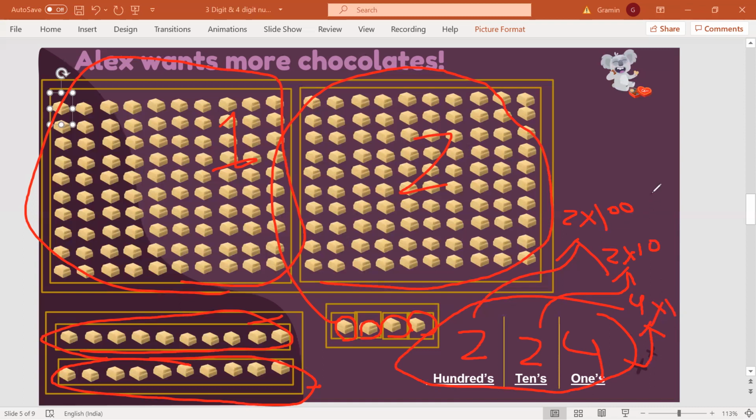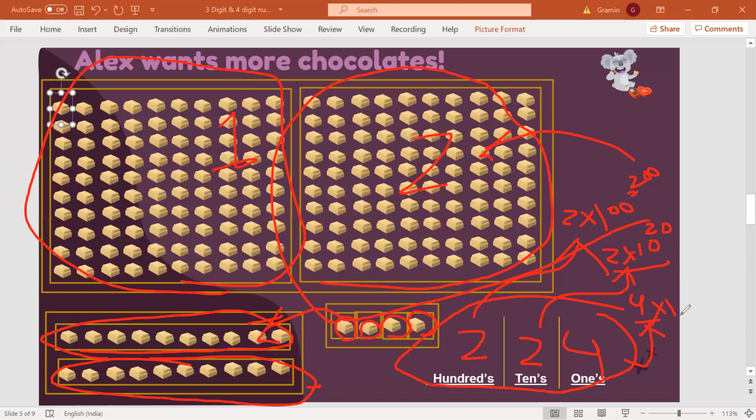So again, what is the number you are getting? Over here, 2 multiplied by 100 will be equal to 200. So this ultimately means the total number of chocolates in the hundreds box. 2 multiplied by 10 will be equal to what? 20. This ultimately means the number of chocolates in the tens box.